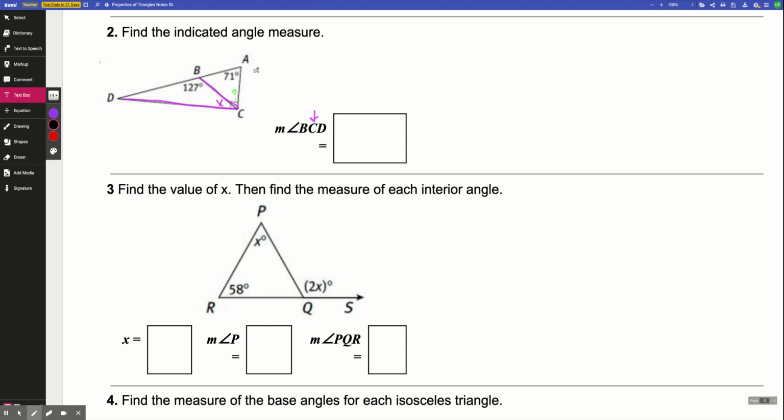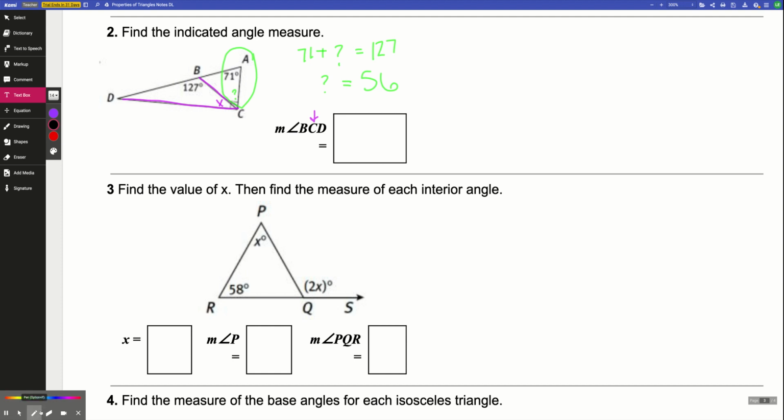But that is the remote interior angle of these two, the 71 and this question mark right here. So let's figure out what that question mark angle is. I have 71 plus my question mark angle has to equal 127. So I'm going to subtract, and I get that that question mark angle is 56.